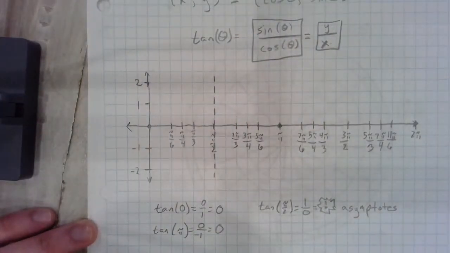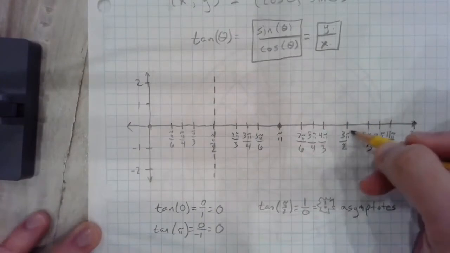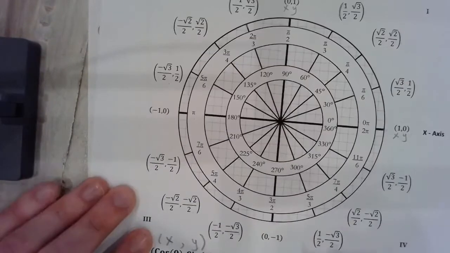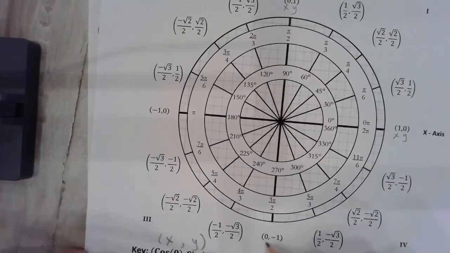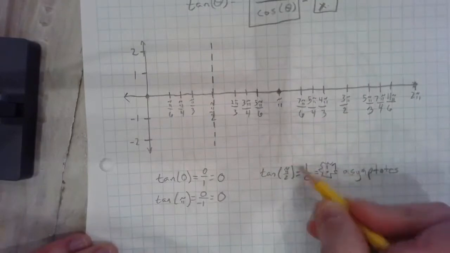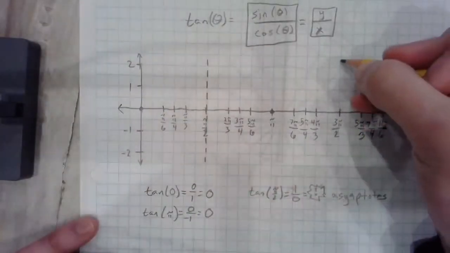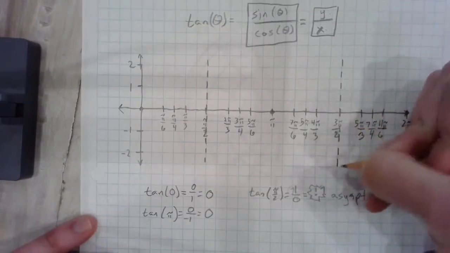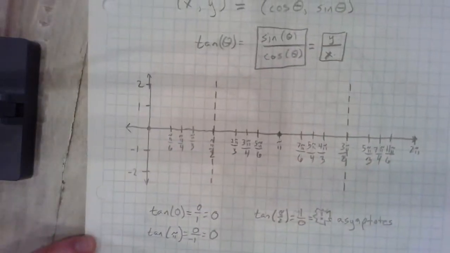And then there's pi. Pi was fine. What about 3 pi over 2? Oh, same thing. Negative 1 over 0 is still going to be impossible. So at every pi over 2 and 3 pi over 2, it's going to end up looking like that.